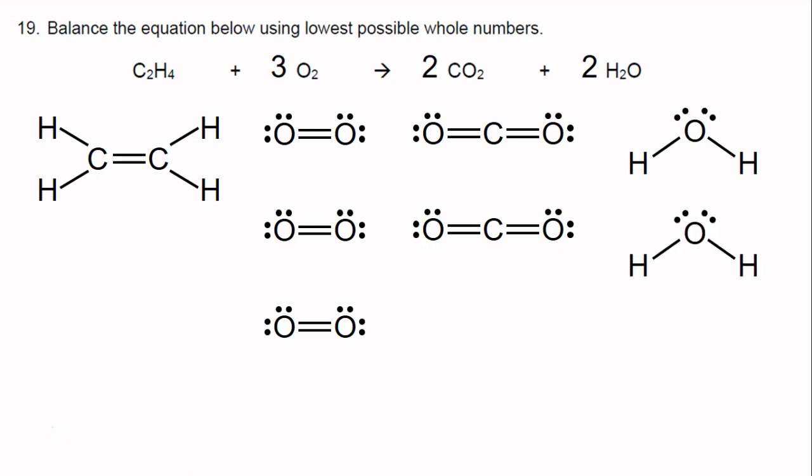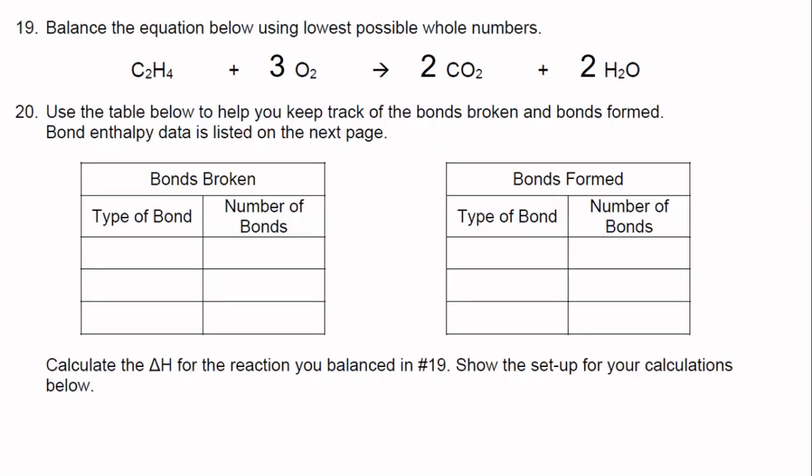So the bonds I'm breaking include the following: 1 carbon-carbon double bond, 4 C-H single bonds, and 3 oxygen-oxygen double bonds in molecular O2. What bonds am I forming? A total of 4 carbon-oxygen double bonds and a total of 4 oxygen-hydrogen single bonds.